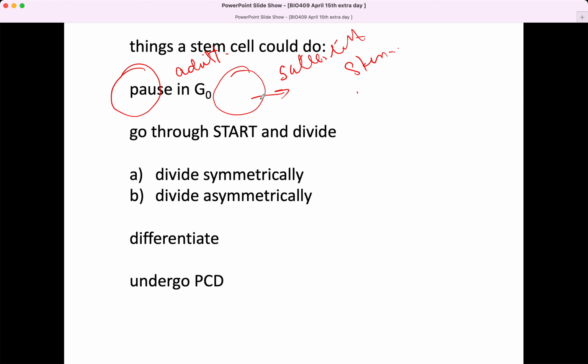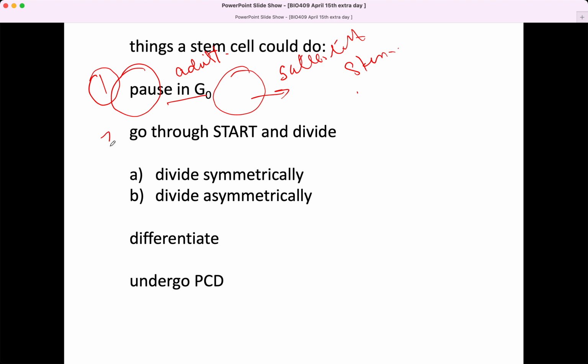They're waiting at the green light, and they're waiting until they're stimulated to go through the cell cycle. So that's one thing the cells can do, is just wait. And we have a variety of stem cells in our body that are waiting, and they can be stimulated to grow and divide. They're not differentiated, they're undifferentiated, so they can go through the cell cycle. They're just paused in G0.